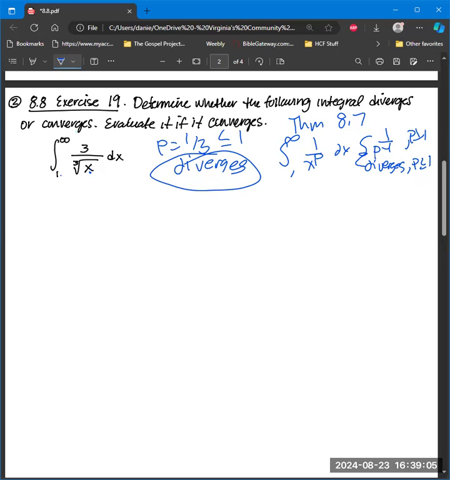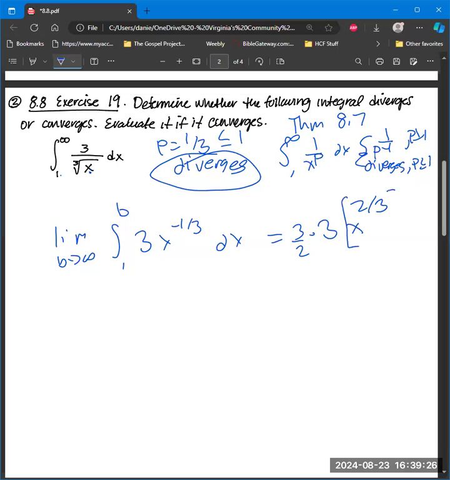So we take the limit as b goes to infinity of the integral from 1 to b of 3x to the negative 1/3 dx, which is 3x to the 2/3 times 3/2 evaluated from 1 to b, limit as b goes to infinity.